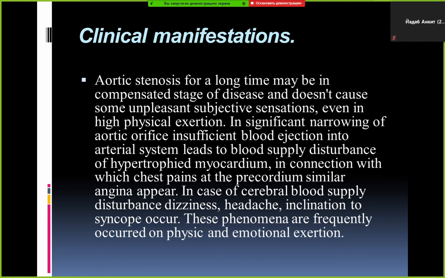In case of cerebral blood supply disturbance, dizziness, headache, and inclination to syncope occur. These phenomena frequently occur on physical and emotional exertion.